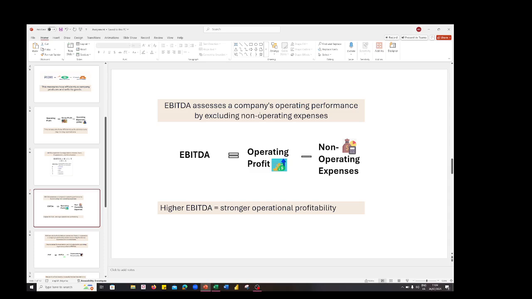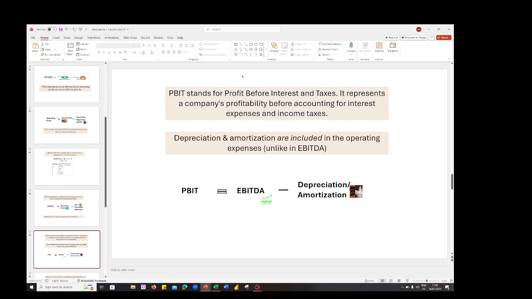EBITDA equals operating profit minus non-operating expenses. So the higher your EBITDA, the stronger your operational profitability. It really shows that your company is performing very well. And PBIT stands for profit before interest and tax.